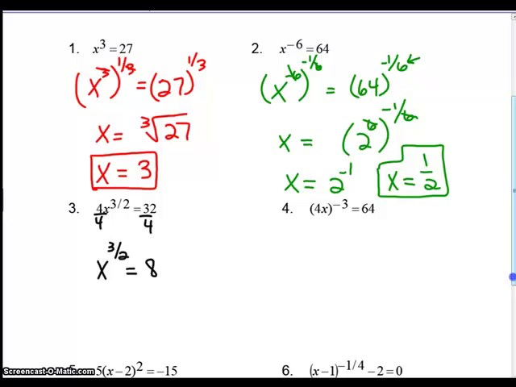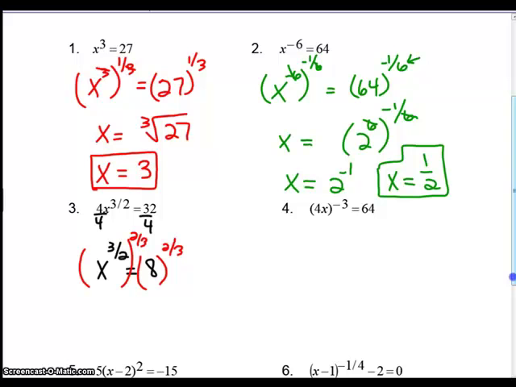Now I can raise both sides to the reciprocal power. So I'm going to keep what I've got, raise that to the reciprocal, raise that to the same power.